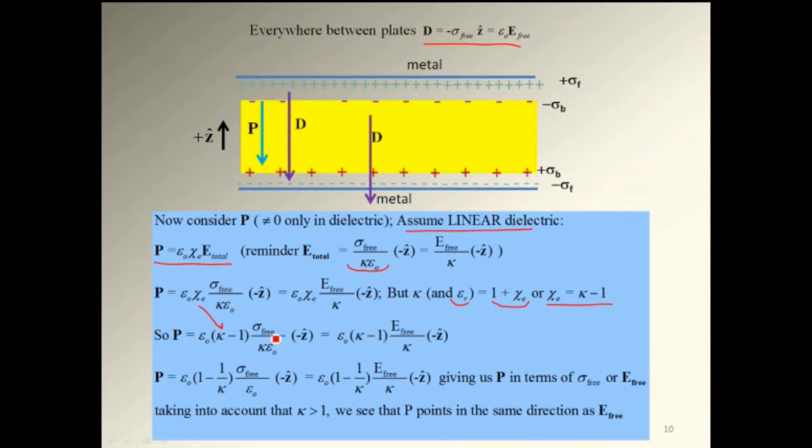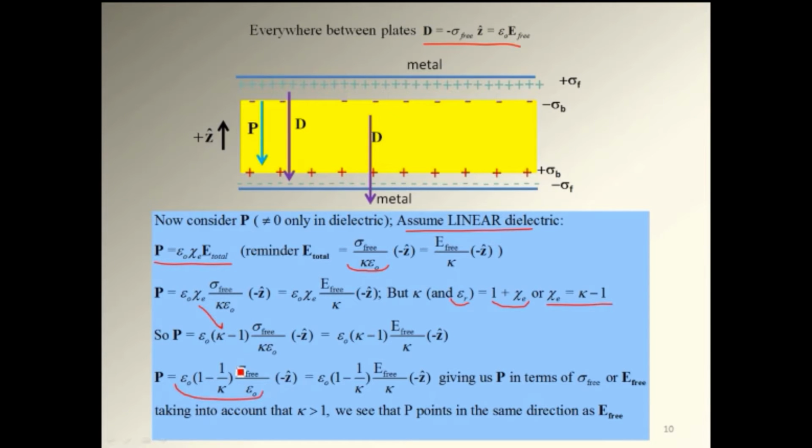P is in the minus z direction, which is in the same direction as E free and D. We replace sigma free over epsilon naught with E free. Rewriting this then, we have P equaling this function here in the minus z direction.